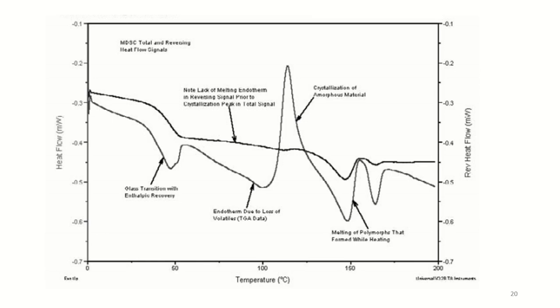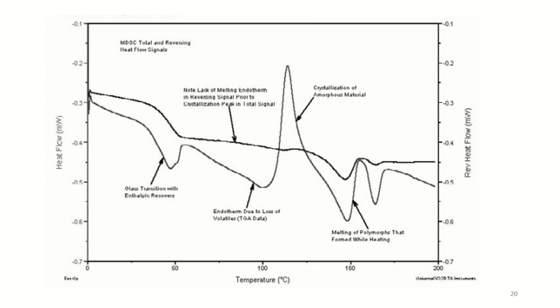Other transitions that complicate the total signal of DSC include enthalpic recovery at the end of the glass transition, evaporation of 2% volatile, which could be checked by using TGA, thermogravimetric analysis, and crystallization of amorphous drug just above 100 degrees Celsius.